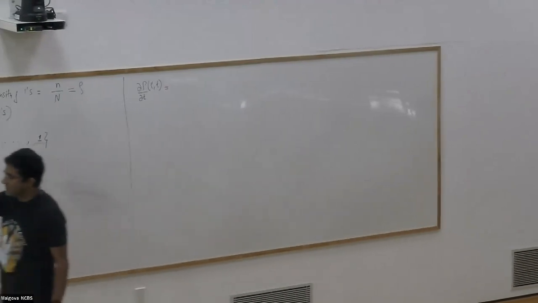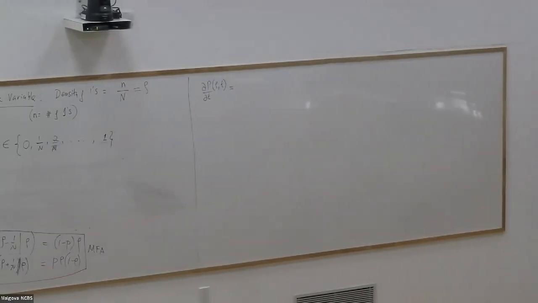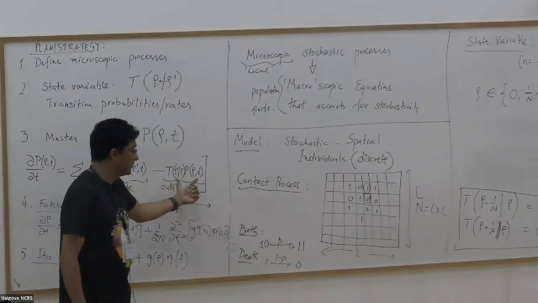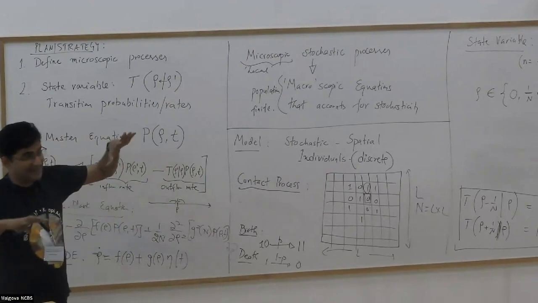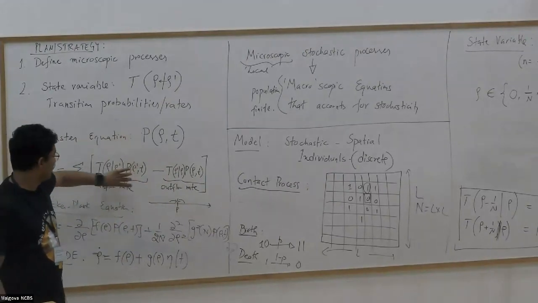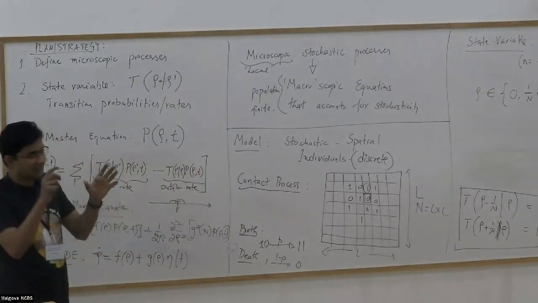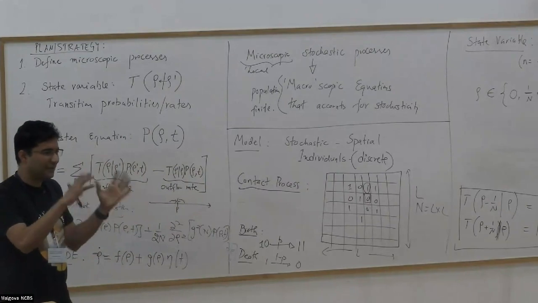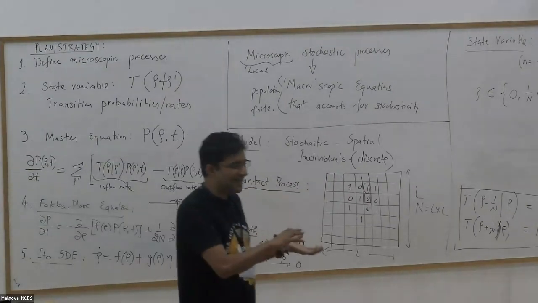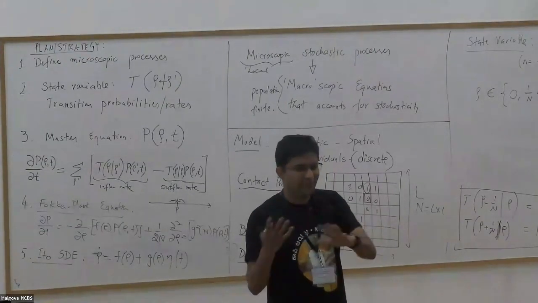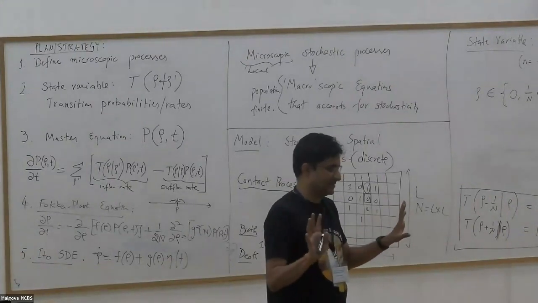Now, how many terms will this have? This will have 2 terms, right? This will have 2 terms. There will be basically a total of 4 terms, 2 terms here, 2 plus 2 terms here. Some having this 1 minus n, 1 over n term with the minus sign, some having 1 over n terms with the positive sign. It's all a bit of a mess.